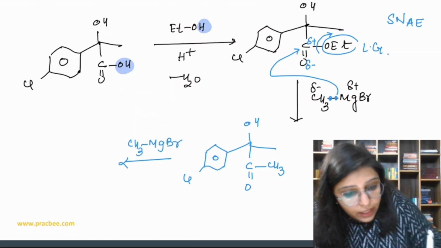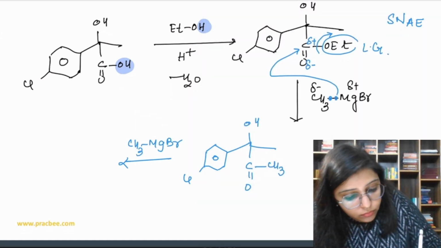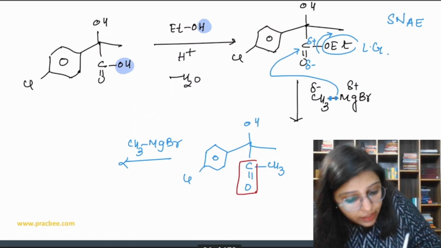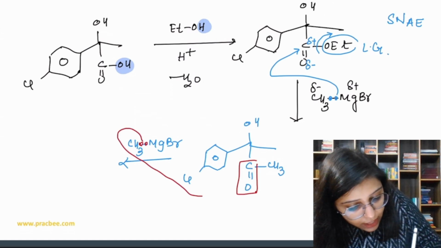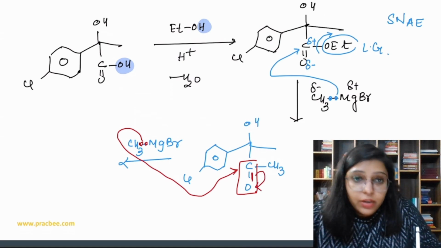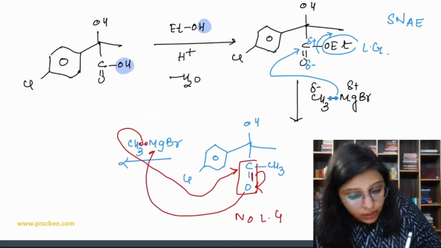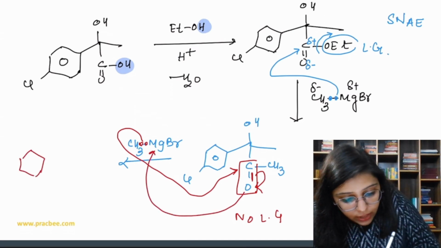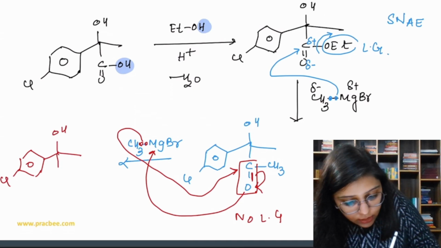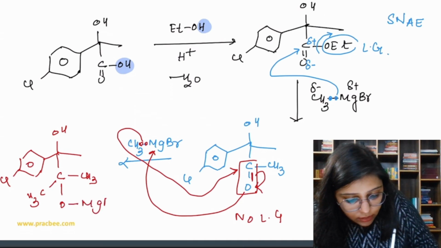Now we have 1 mole of Grignard reagent, CH3MgBr. Now what happens? Again we have this group. CH3 attacks on this carbonyl carbon, the electrons of this bond shift over here because now we do not have a leaving group. No leaving group over here. And oxygen forms a bond with MgBr. So we write Cl, OH, this, C, CH3, CH3, and O MgBr.